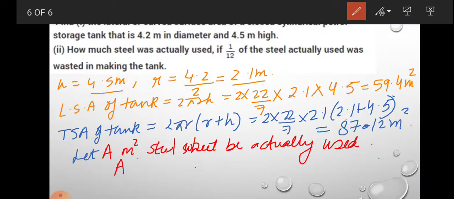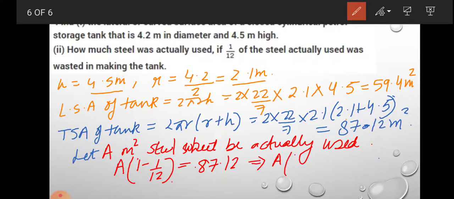So A multiplied by 1 minus 1 by 12, as 1/12 of the sheet was wasted, is equal to total surface area 87.12. Now on solving this, we get value of A is equal to 95.04 meter square. So 95.04 meter square steel was actually used while making such a tank.